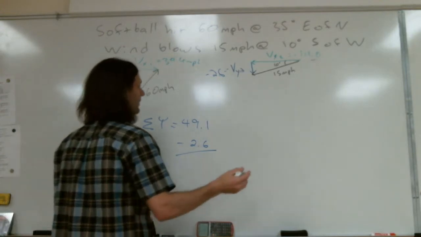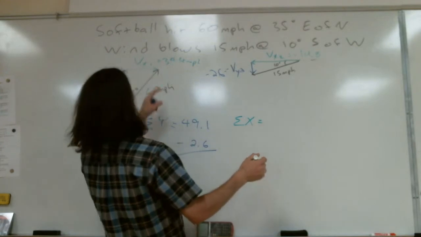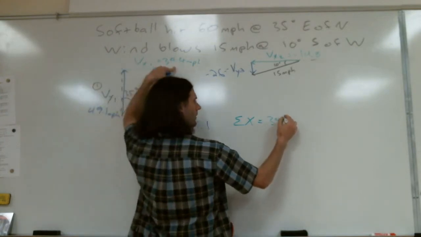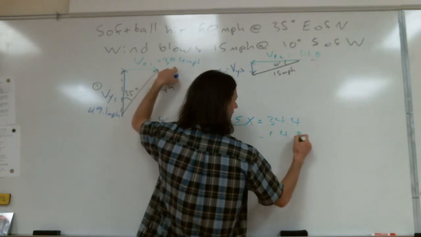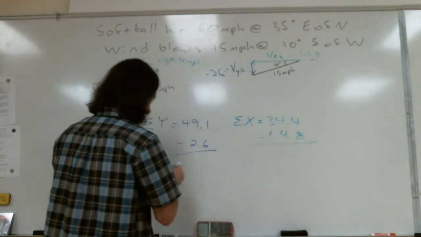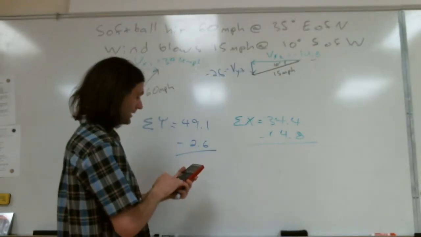And then the sum of the x's are 34.4 minus 14.8. All right? All right, so yay, magic boxes.